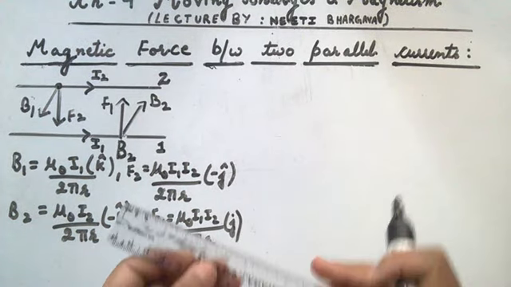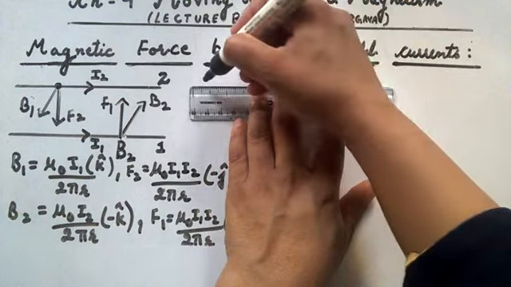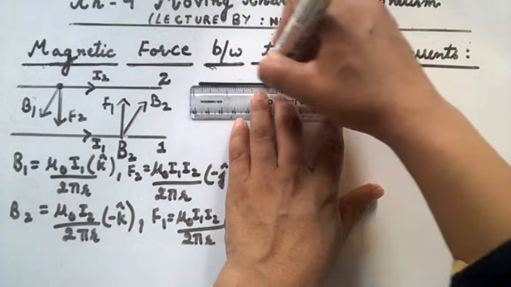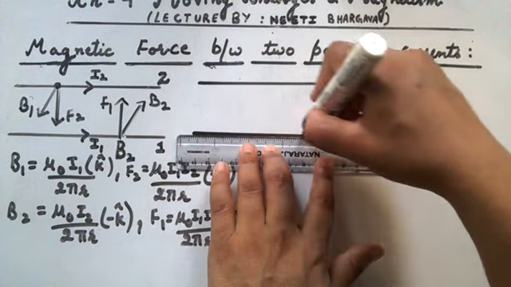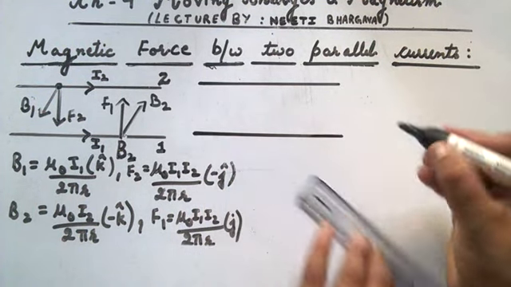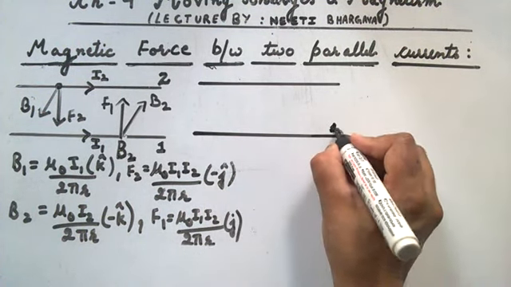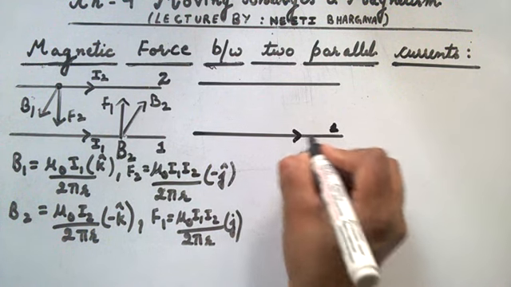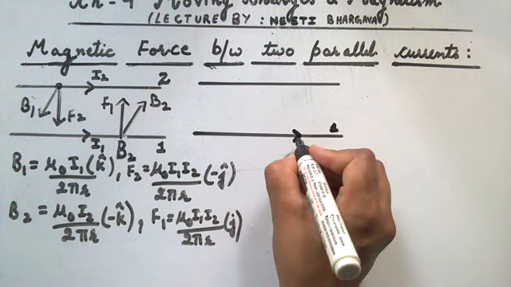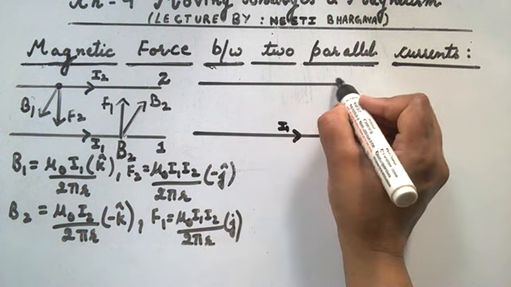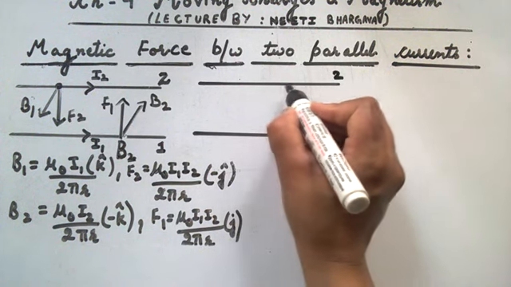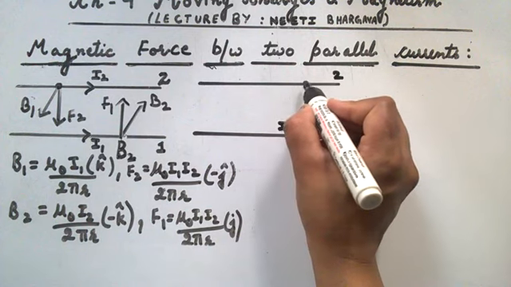Now let's consider the case when the current is flowing in anti-parallel direction. In wire 1, I1 current is flowing towards positive x-axis, and in wire 2, I2 current is flowing along negative x-axis.